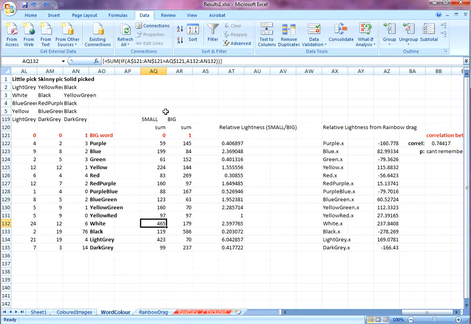Anyway, first of all let's compute an index of relative lightness, and this is super simple. We take this value and we divide it by this value, and we get an indicator of how light the stimulus is.